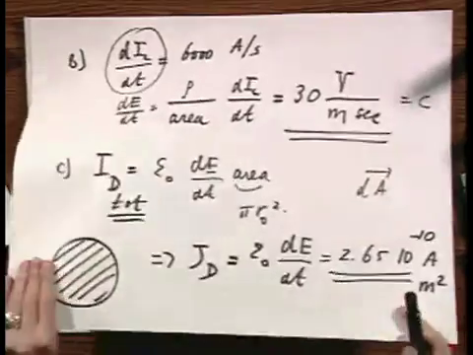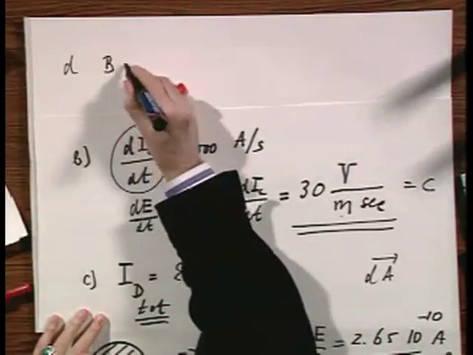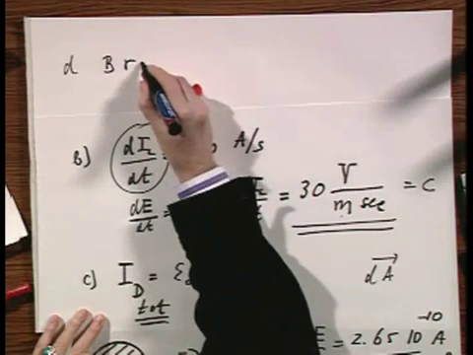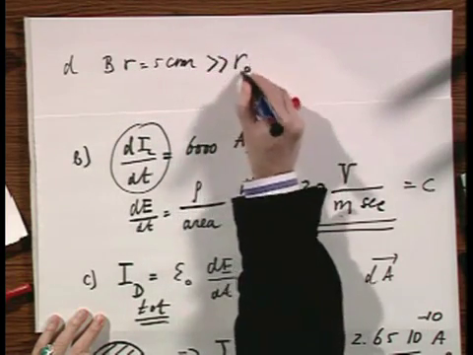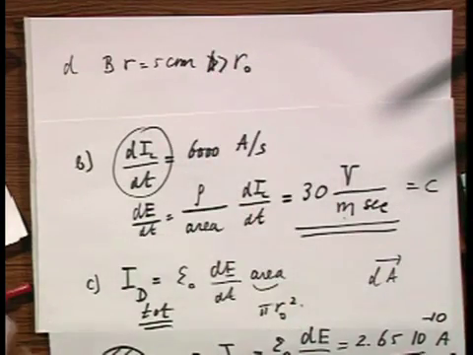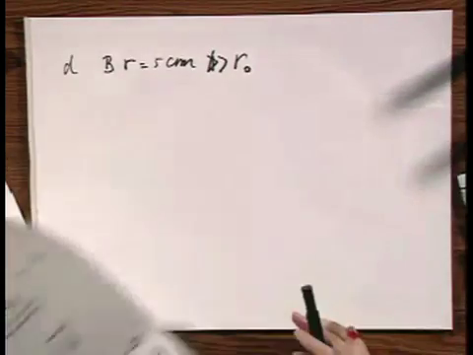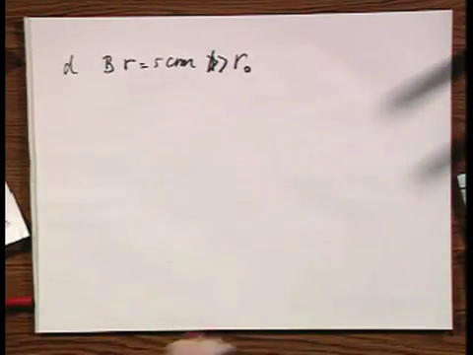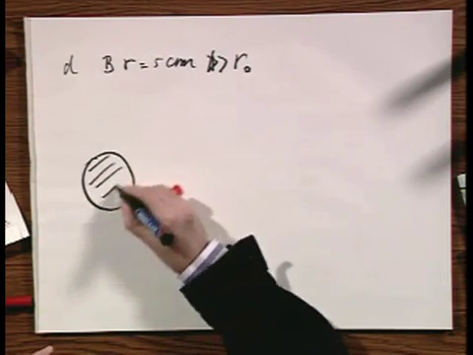You're being now asked to calculate the magnetic field B at a distance r from the wire, which is 5 centimeters, which is larger than r0. It doesn't have to be much larger, it happens to be larger than r0. So it's outside the surface. Well, here is that cross-section of the wire.